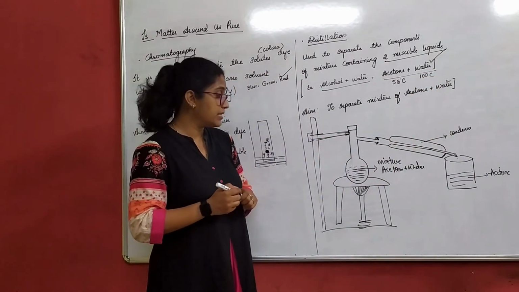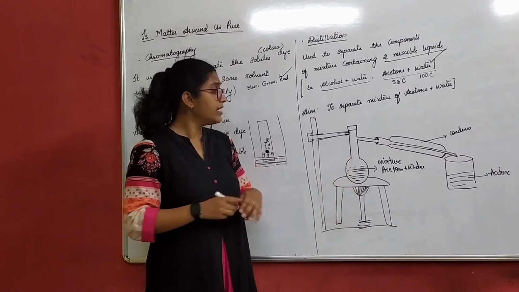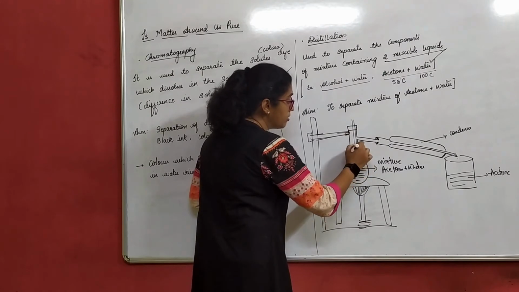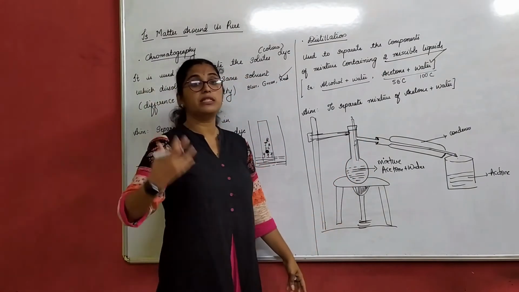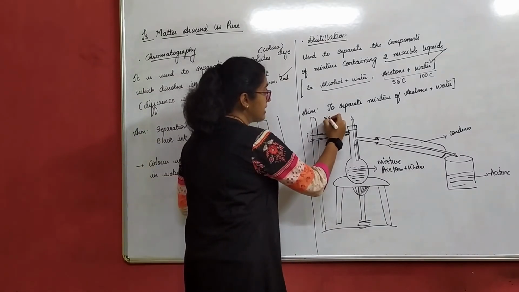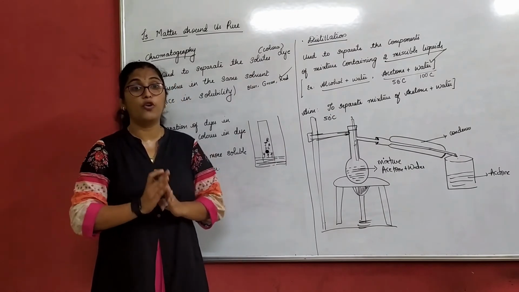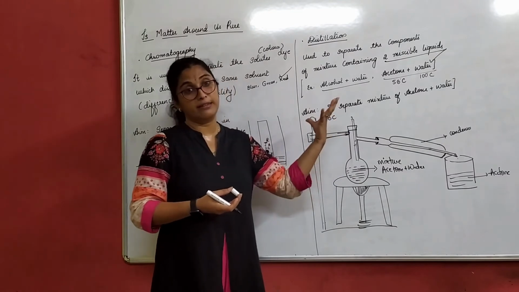What basically happens now? I start heating this, right? I also keep a thermometer here. Why thermometer? To note the temperature, right? So once we start providing heat, at 56 degrees Celsius, what will happen? Will water boil? No, water will not boil, but acetone will start boiling. Correct?